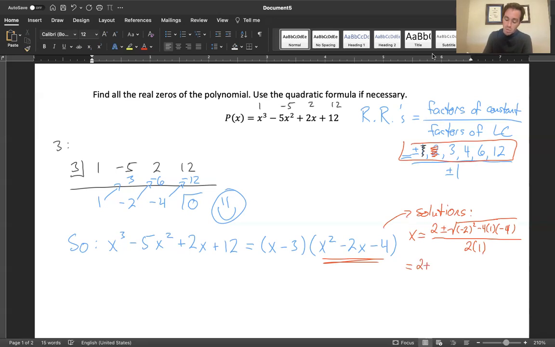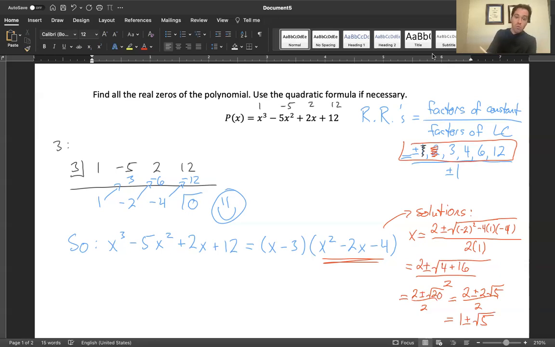And this is 2 plus or minus square root of, that's 4 plus 16, yes, plus, over 2. 4 plus 16 is 20. 2 plus or minus root 20 over 2. And root 20, a 4 comes out and becomes a 2. So this is 2 plus or minus 2 root 5 over 2. Reduce that, and it's 1 plus or minus square root of 5.